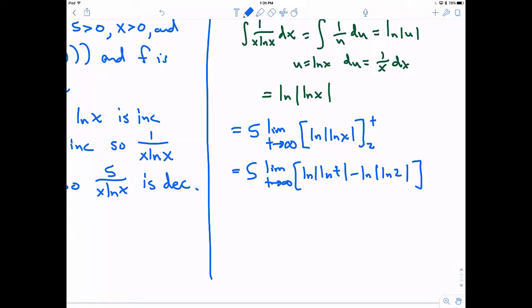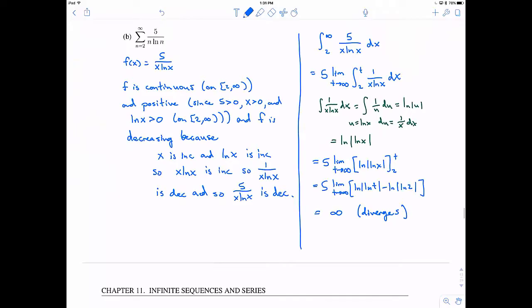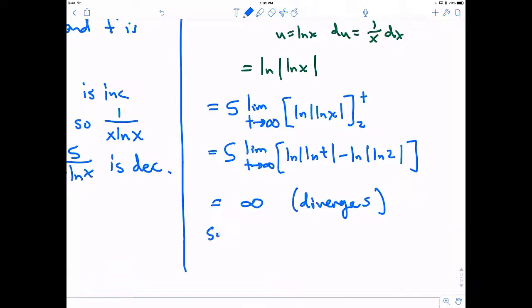And now as t gets very, very large, the natural log of t is going to go towards infinity. And so that gets very large, and then the natural log of that heads towards infinity. So we essentially have infinity minus a constant. So that's going to be infinity, so it diverges. So by the integral test, this improper integral diverged, so therefore this series must also diverge.